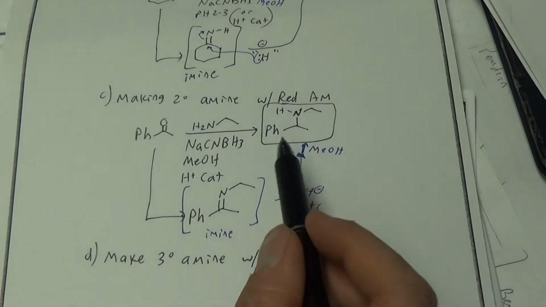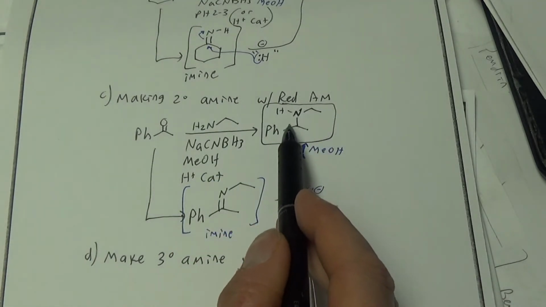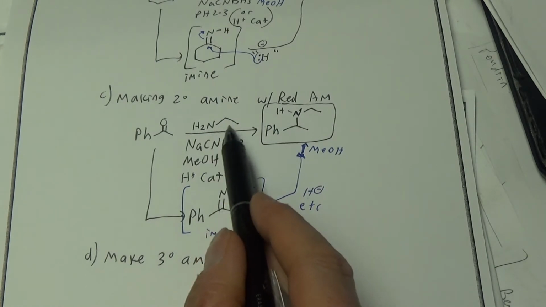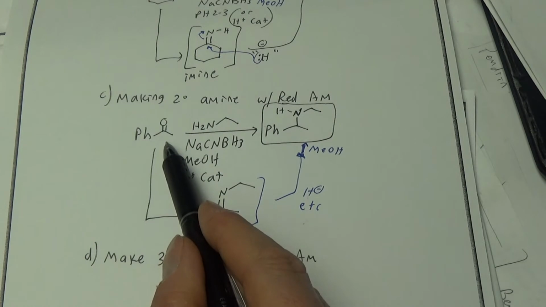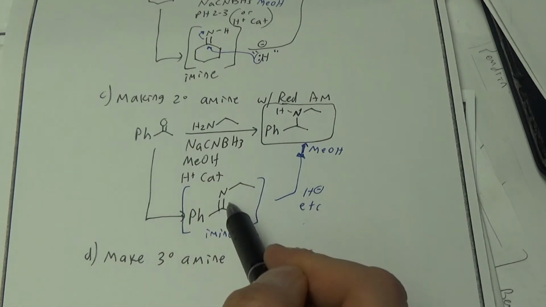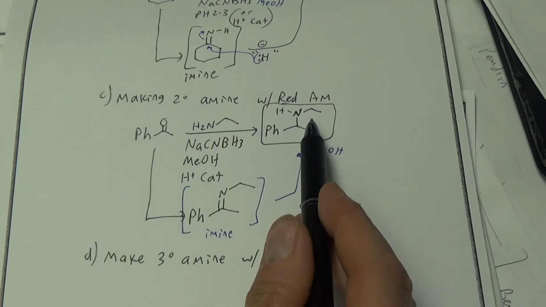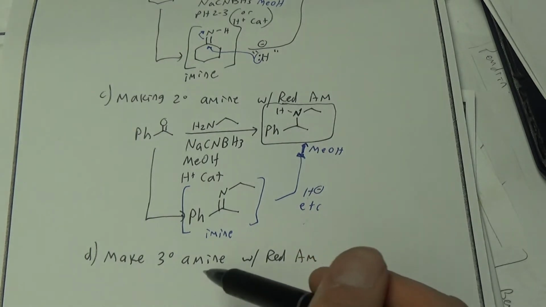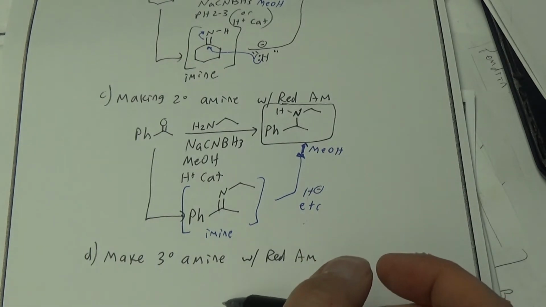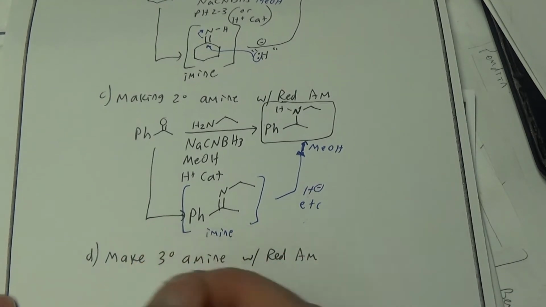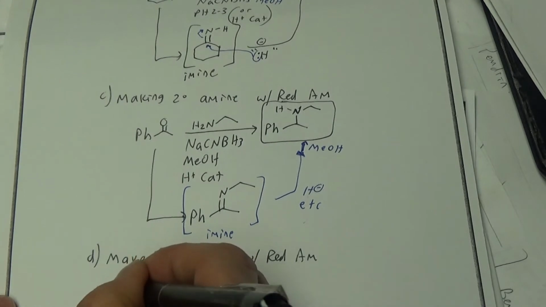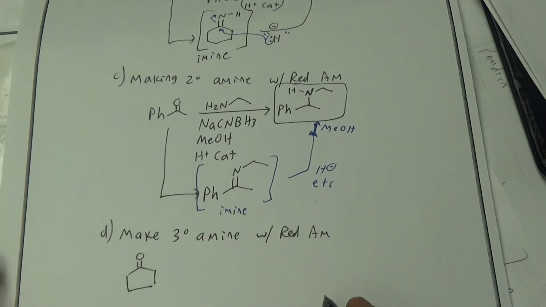To make a secondary amine, we used a primary amine plus ketone or aldehyde, and when we made the imine and reduced it, you got a secondary amine. So now, if we're going to make a tertiary amine, we'll use cyclopentanone this time, just to switch it up. It can be ketone or aldehyde.